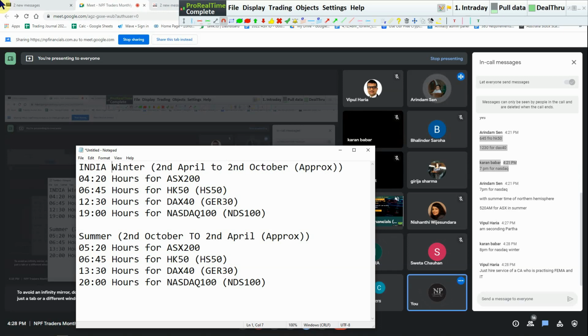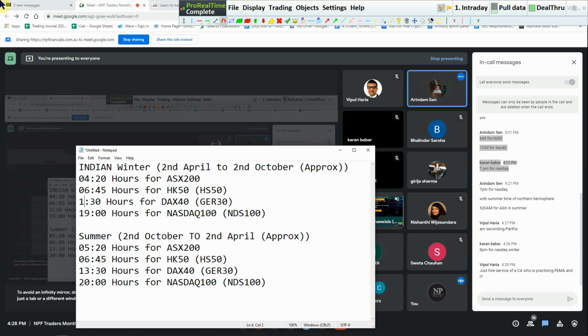Northern Hemisphere winter. Not 12:30, that will be 1:30. This will be 20:00.